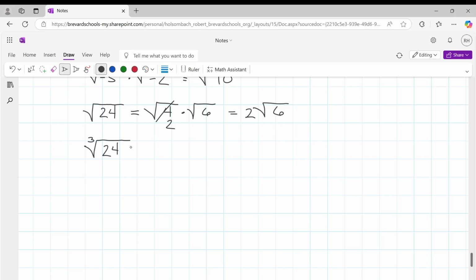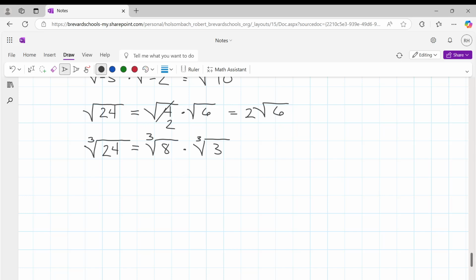All right, the third root of 24, it's got a perfect cube in it. It's got the third root of 8 times the third root of 3. Because 8 times 3 is 24.